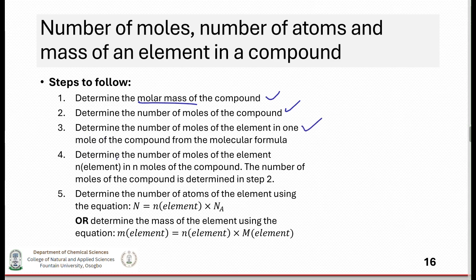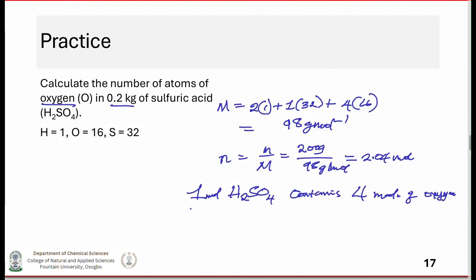Now, determine the number of moles of the element in n moles of the compound, which is easy now. We know that 1 mole of the compound contains 4 moles of oxygen. So how many moles of oxygen are we going to get in the calculated moles, which is 2.04 moles?